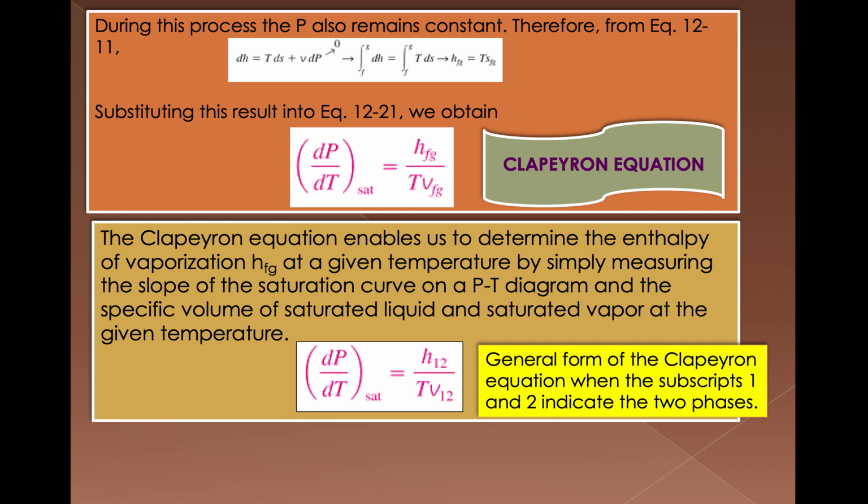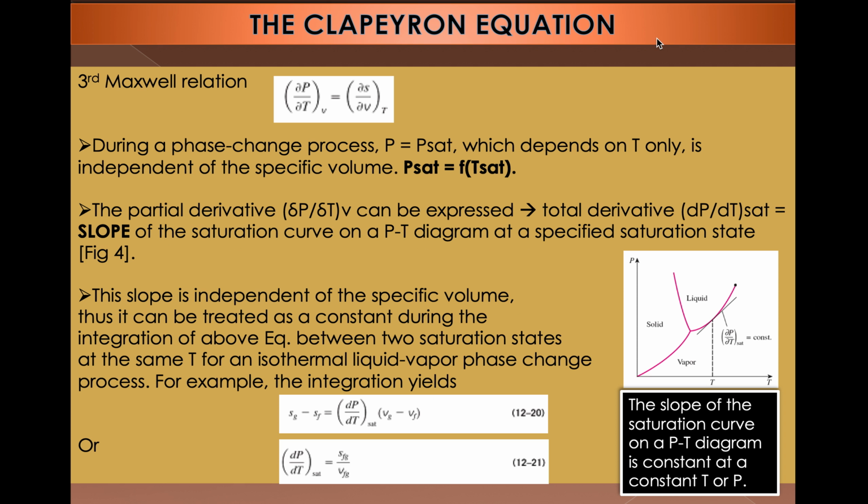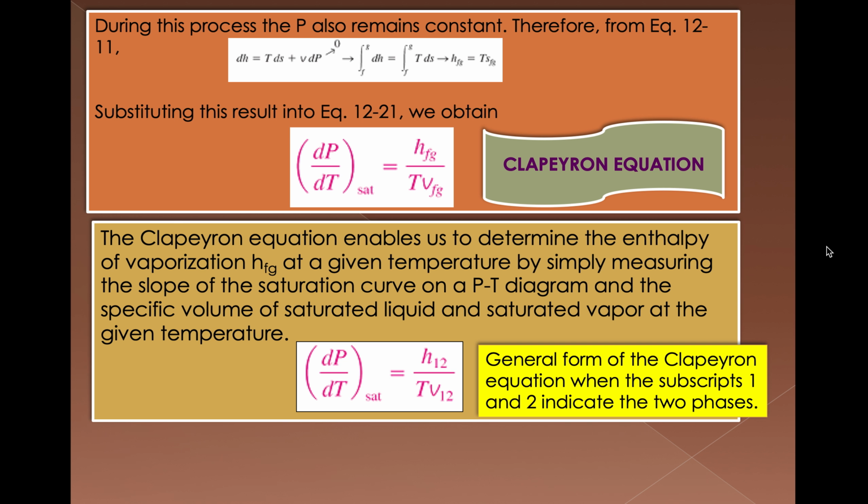The Clapeyron equation enables us to determine the enthalpy of vaporization at a given temperature by simply measuring the slope of the saturation curve on the PT diagram and the specific volume of saturated liquid and saturated vapor at the given temperature.